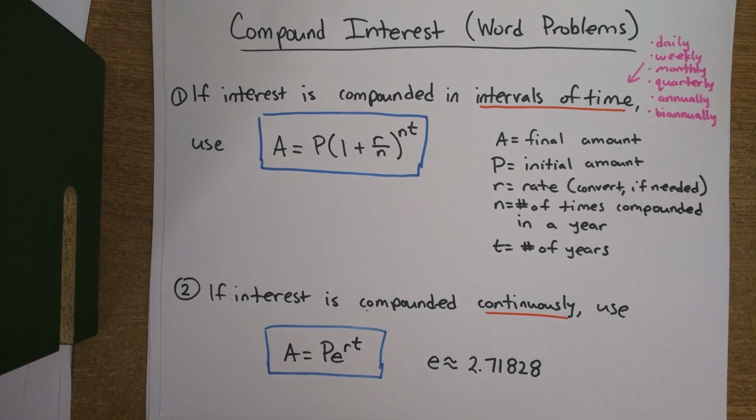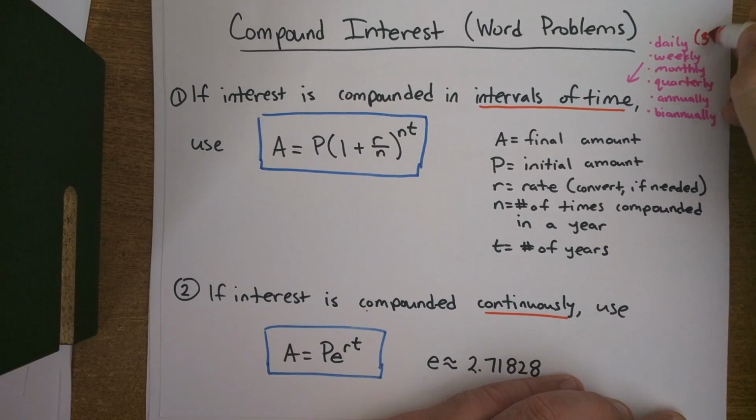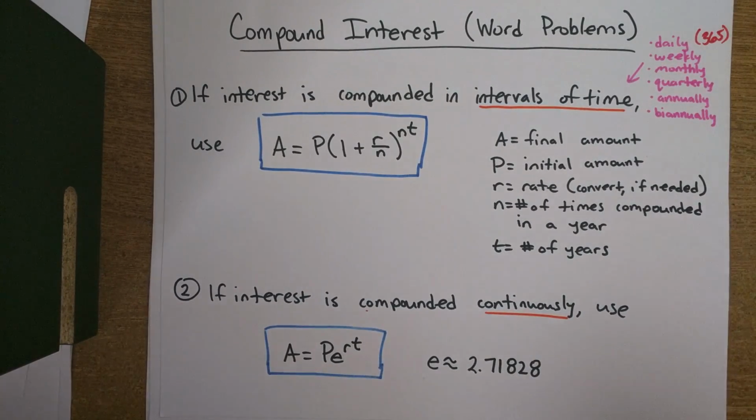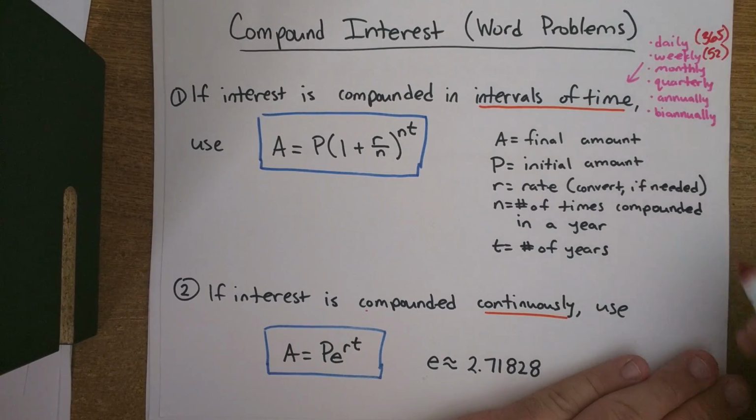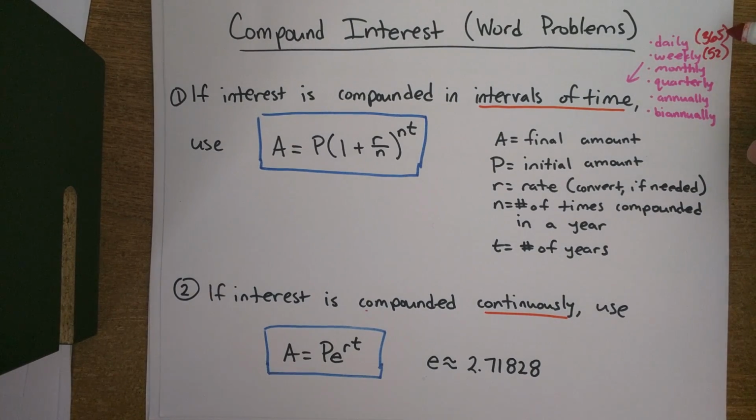So like I said, for example, if you're compounding daily, how many days are in a year? There's 365. So if you're compounding daily, your N value is 365. If you're compounding weekly, how many weeks are in a year? 52. Oh, by the way, you might be saying, what about leap year?